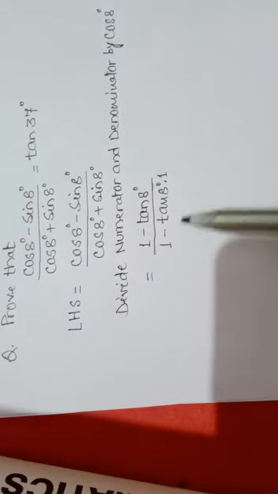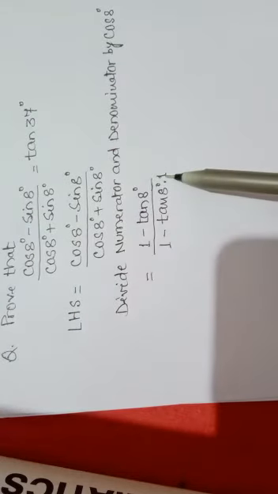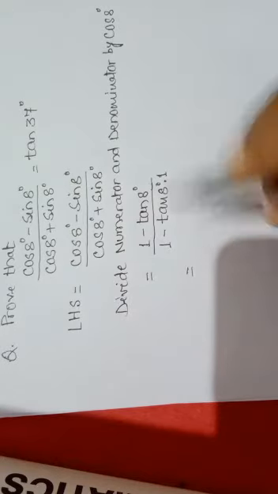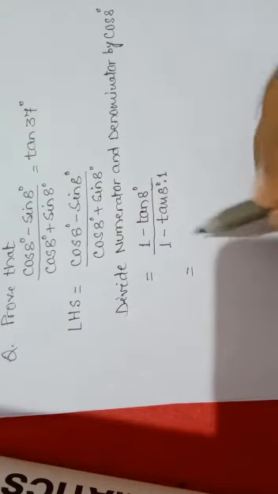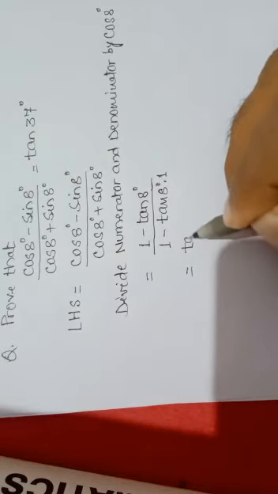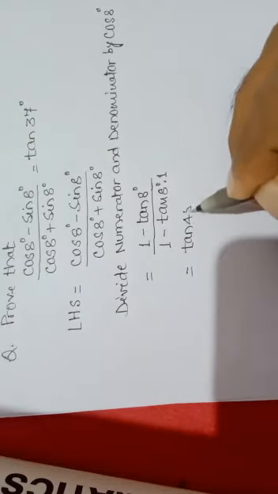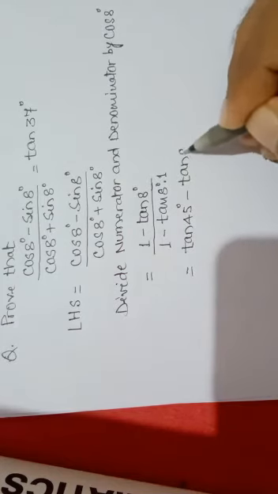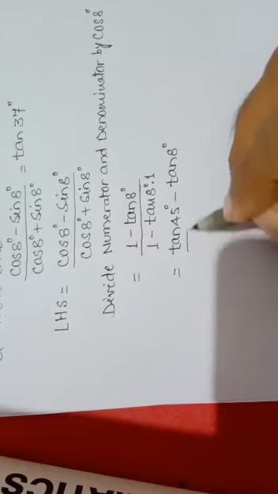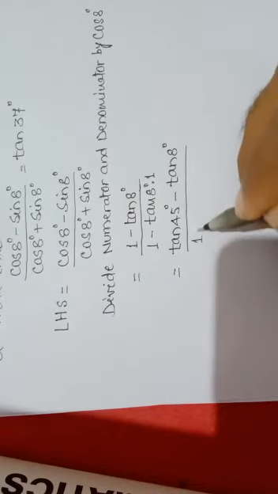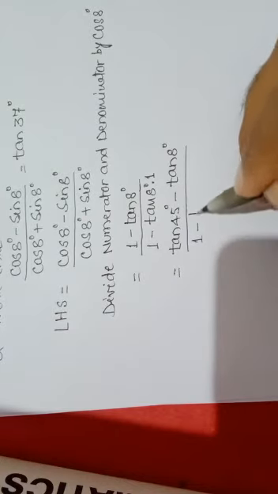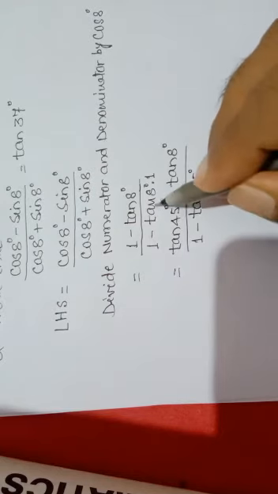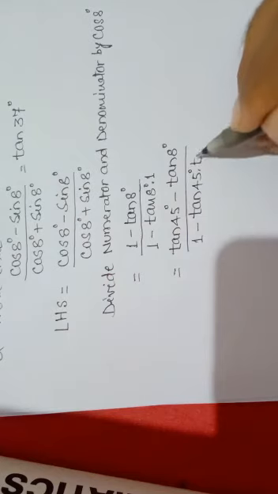Now convert this one and this one in terms of tan. You know tan pi by 4 or tan 45 degree is 1. So tan 45 degree minus tan 8 degree divided by 1 plus tan 45 degree into tan 8 degree.